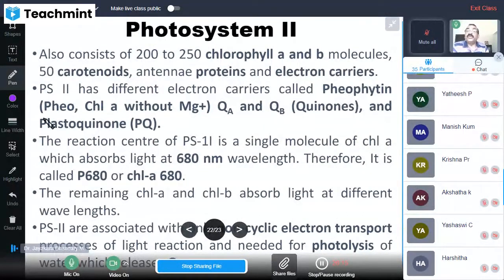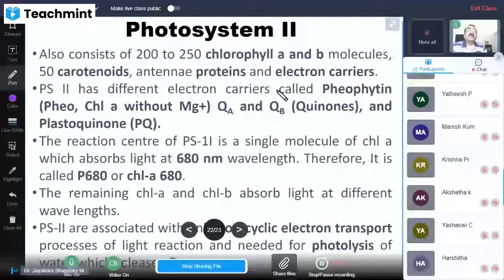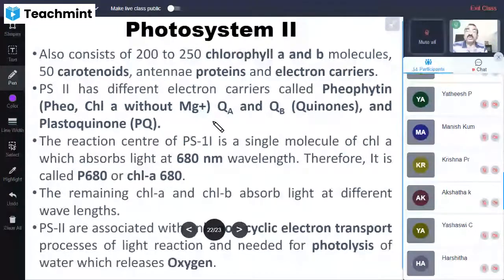So pheophytin is again a chlorophyll A molecule, but without a magnesium ion. Now we have seen the structure of chlorophyll A. Usually chlorophyll has got magnesium ions, but when chlorophyll A is devoid of magnesium ion, then it is called pheophytin. Then there are quinones which are designated as QA and QB and plastoquinone. So these are the different electron carriers associated with photosystem 2.